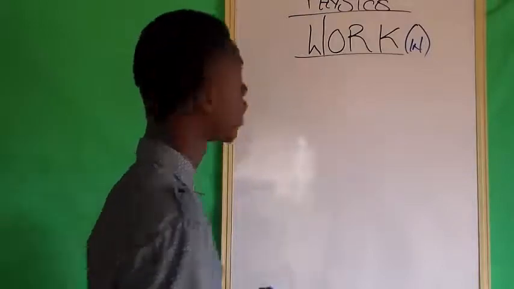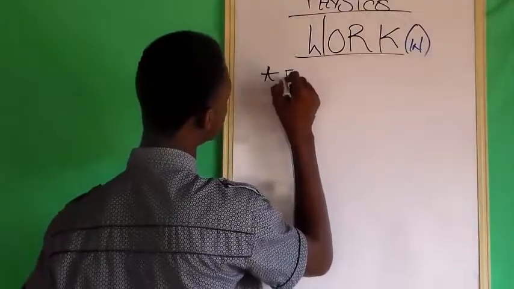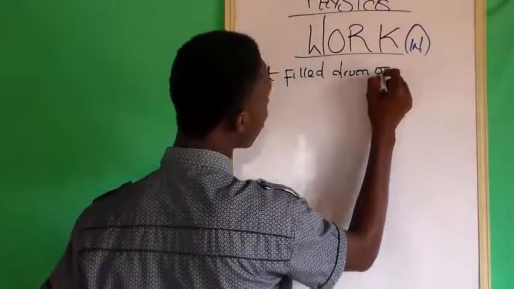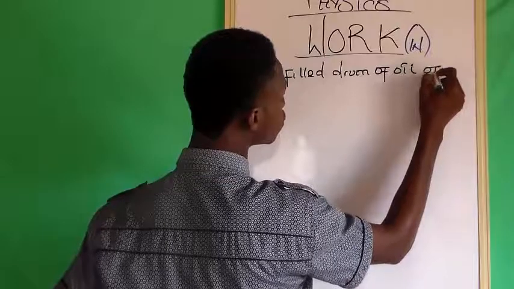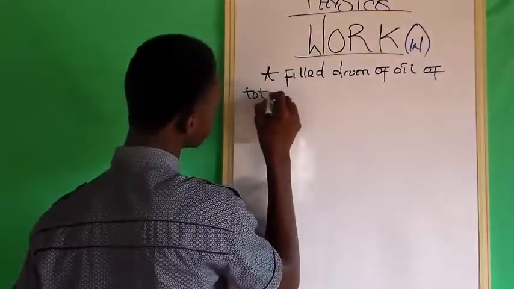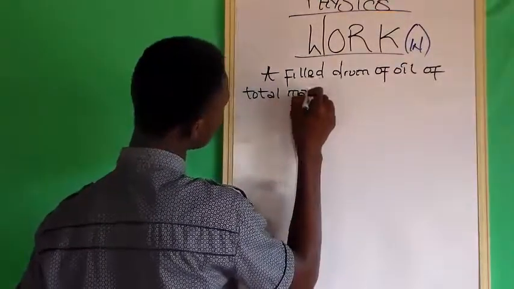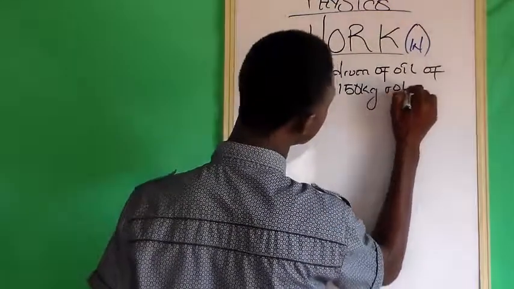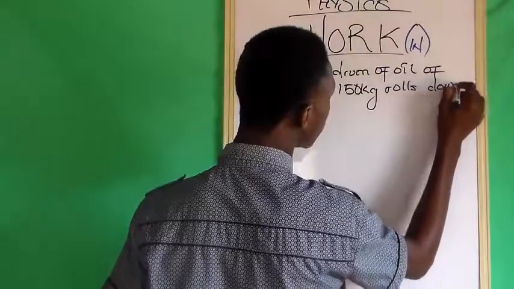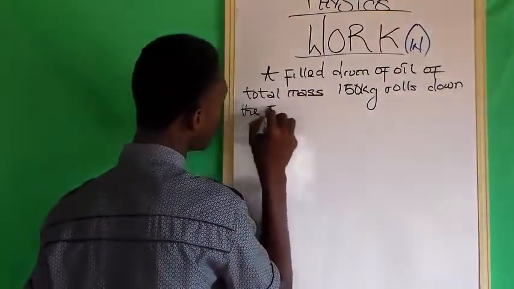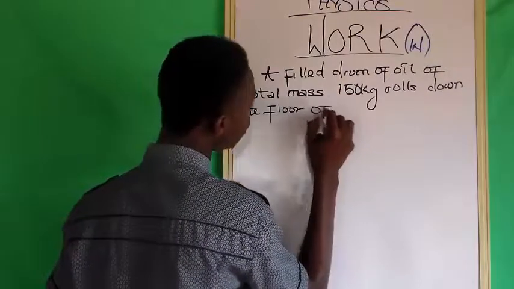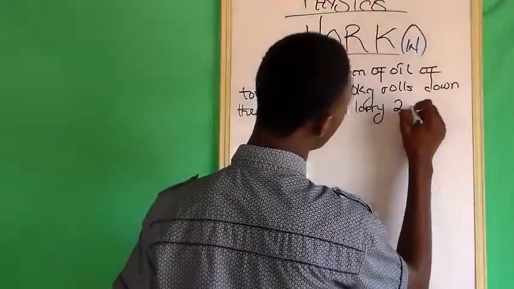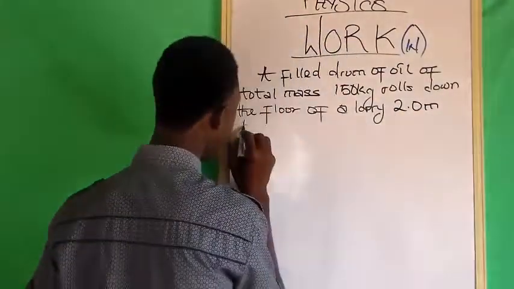And now the question: a filled drum of oil of total mass 150 kg rolls down the floor of a lorry 2.0 meter high.